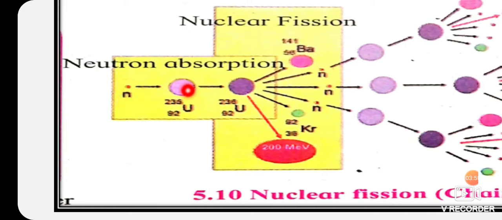Then this atom gets converted into an isotope, uranium-236. This uranium-236 is an unstable atom, and so it immediately gives out barium as one product, krypton as another product. Along with barium and krypton, it gives 3 neutrons, the first, the second and the third neutron, and a large amount of energy is given out.